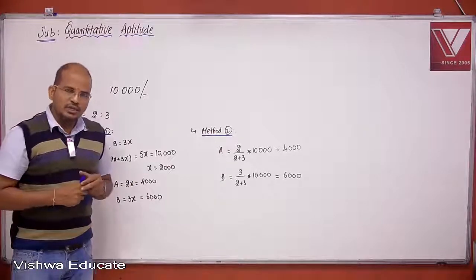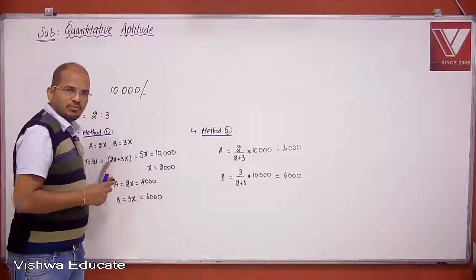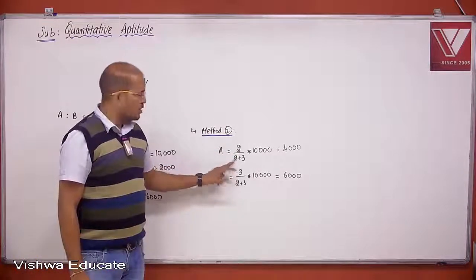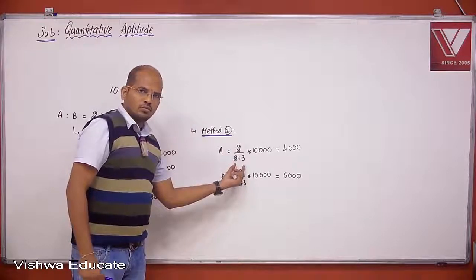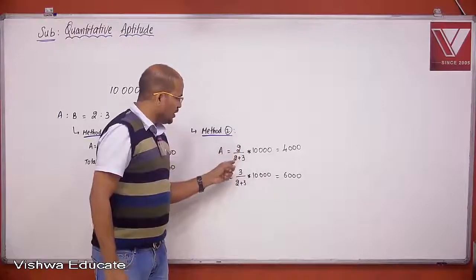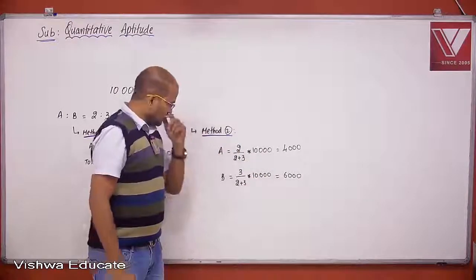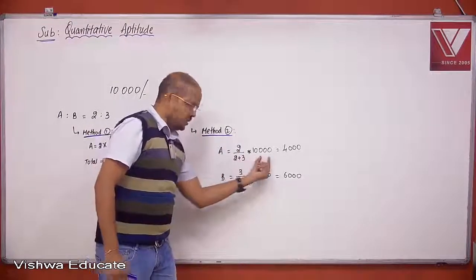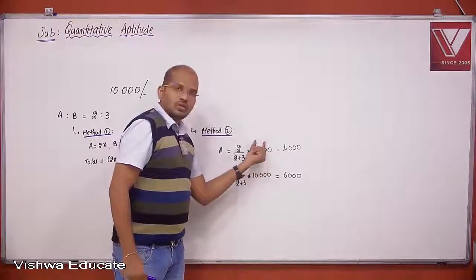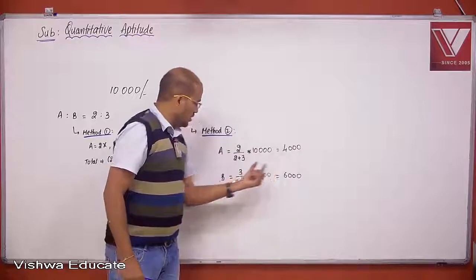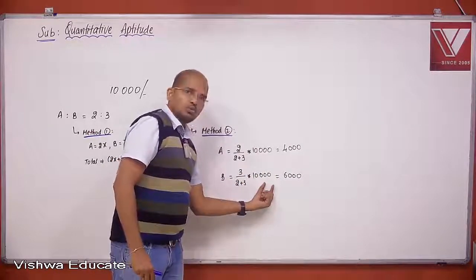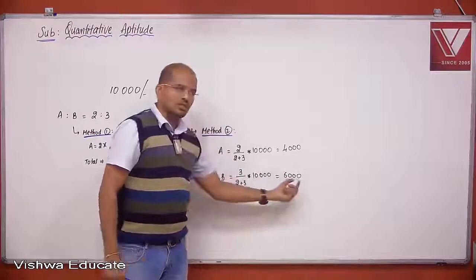I say that they are logically one and the same. How did you get this 2 over 2 plus 3? There are 5 parts on the whole. So if it is 2 by 2 plus 3 into 10,000, if I move this 2 plus 3 here, 10,000 by 2 plus 3 is 2,000 into 2 is 4,000, and the same 10,000 by 2 plus 3 is 2,000 into 3 is 6,000.